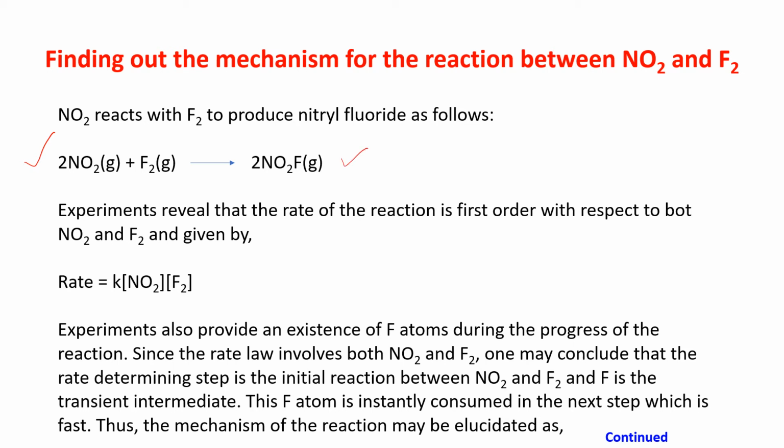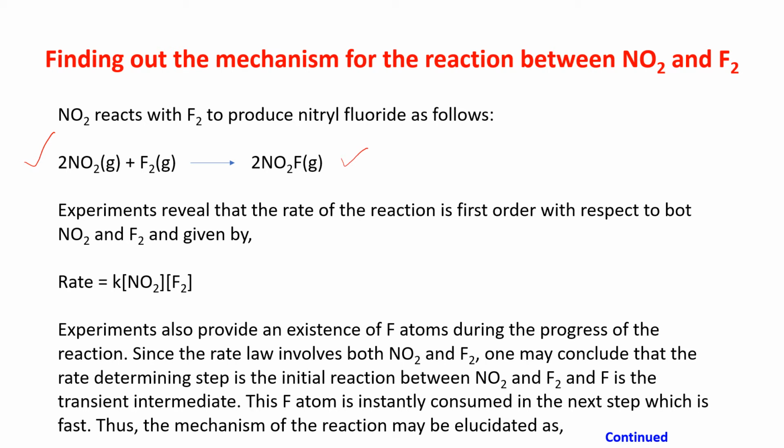Now experiments reveal that the rate of the reaction is first order with respect to both NO2 and F2. This we get experimentally, because you know that the order of a reaction we can get only through experiment.